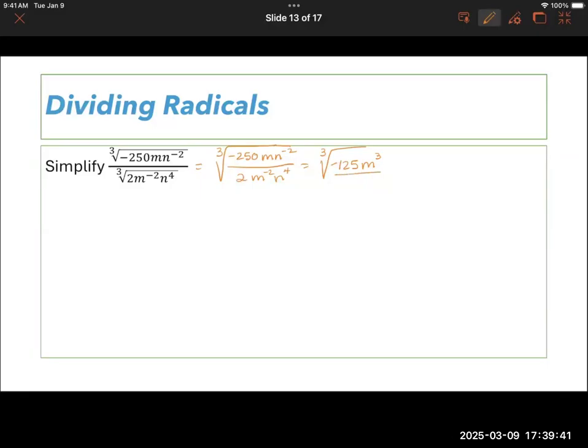And so that's going to give us n to the negative 6, which I will put in the denominator to give me a positive 6 for the exponent. Now I can go back to taking the root of the numerator and the denominator separately.